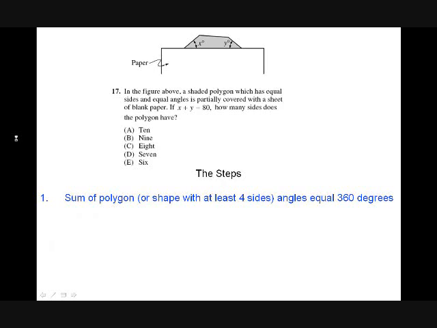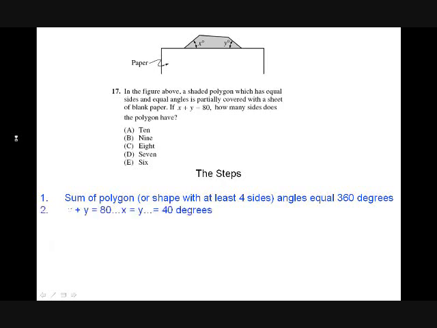Now, similar to how we did a problem before, I think it was the isosceles triangle problem, notice in the question it says x plus y is equal to 80 degrees. Well, if x is equal to y, what two numbers that are the same when added equal 80? 40.